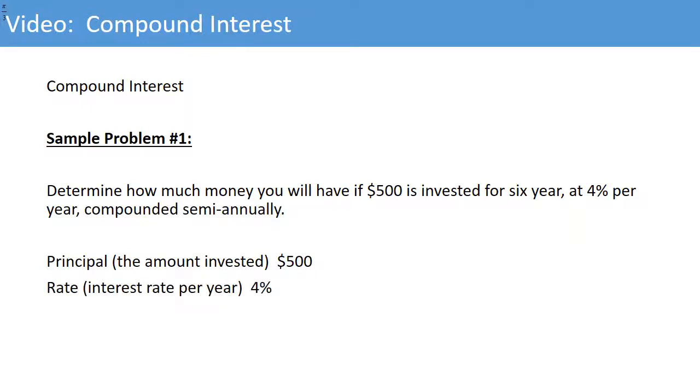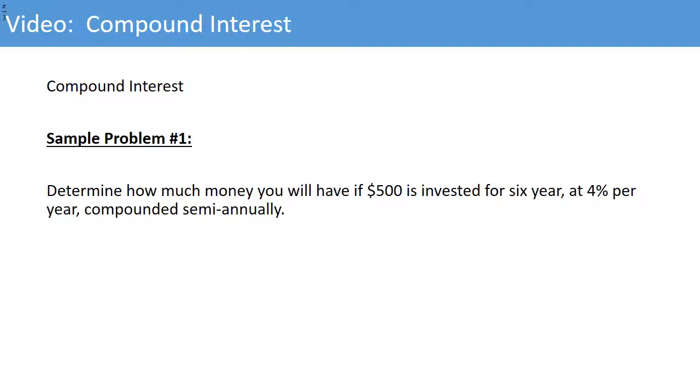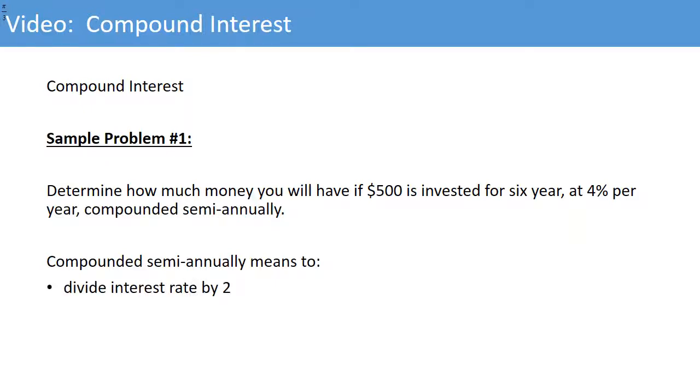The rate is the rate per year, 4%. The term is over 6 years. That's how many years we're going to have this money invested. Now, the word compounded semi-annually means to divide the interest rate by 2 and to multiply the term by 2.